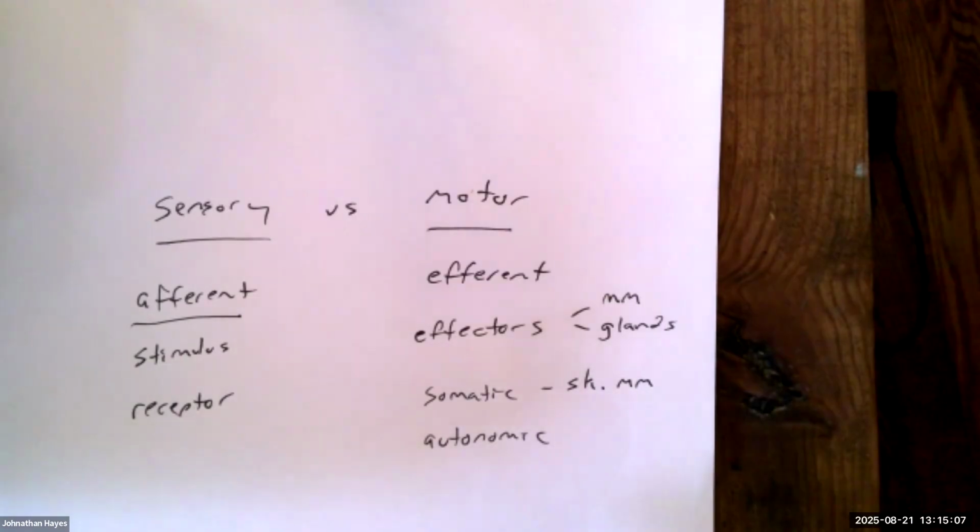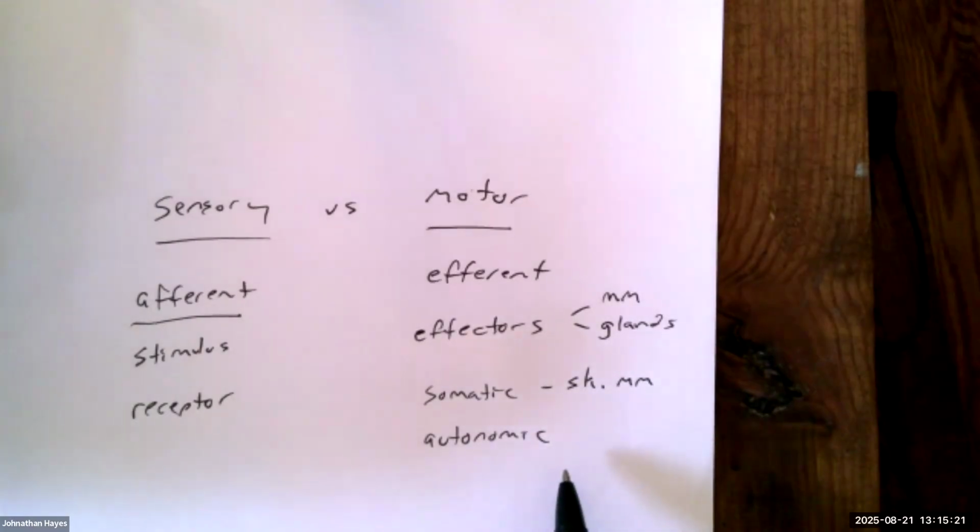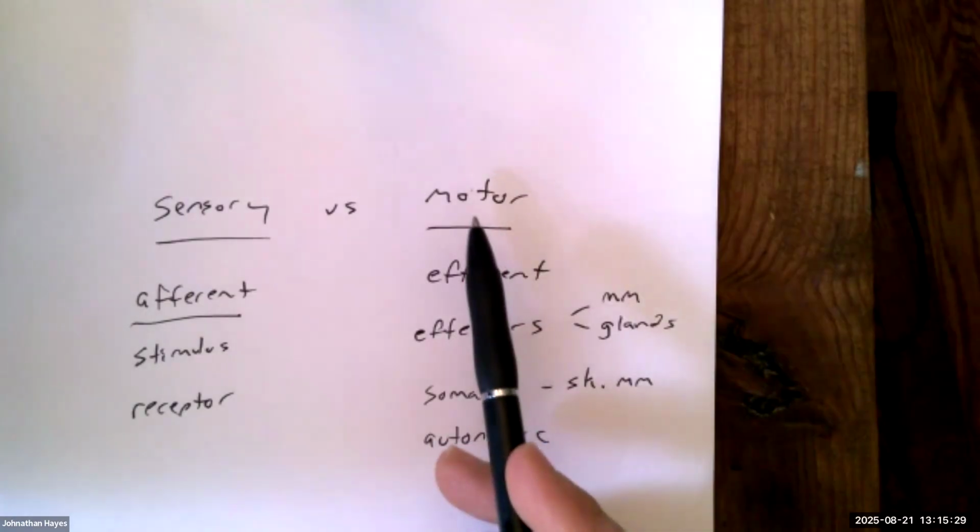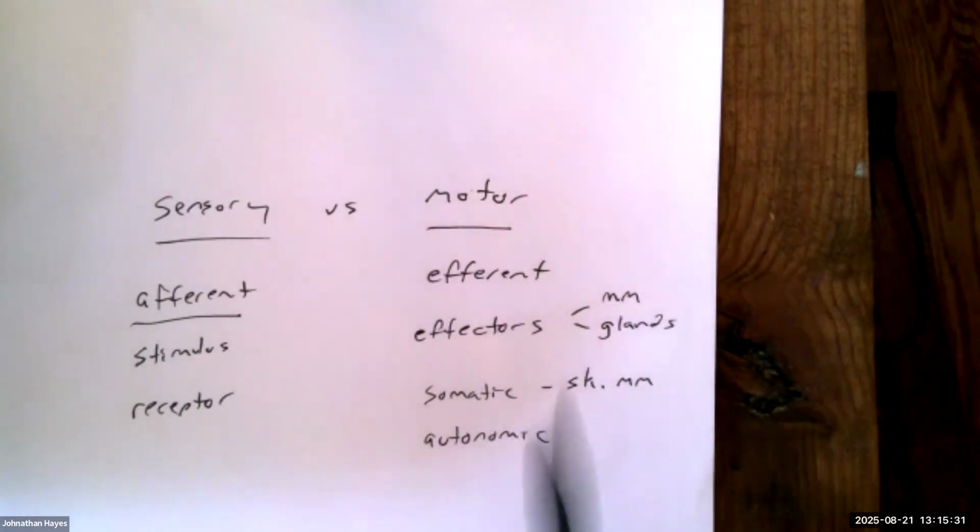But this is why they like to go in and classify everything in the nervous system, because you could just keep subclassifying all day long. But when you get into the autonomics, these are going to go to things we don't consciously control. So if I want to send a signal to the heart, a heart's an effector, certainly. So the signal is motor, but it's going to be coming along sympathetics or parasympathetics, right?